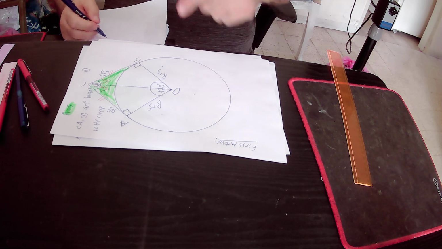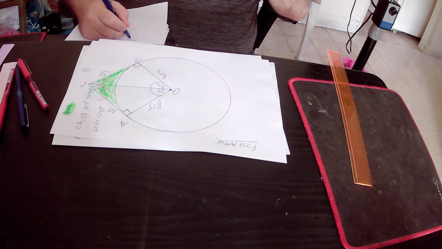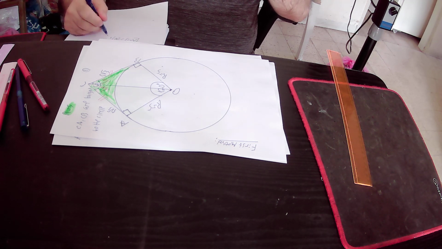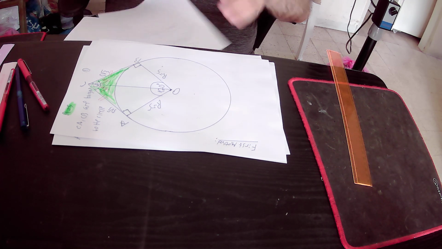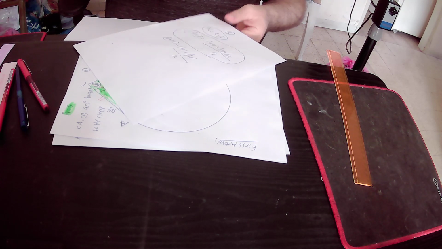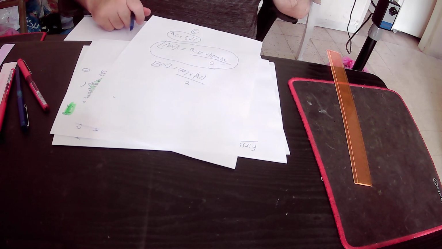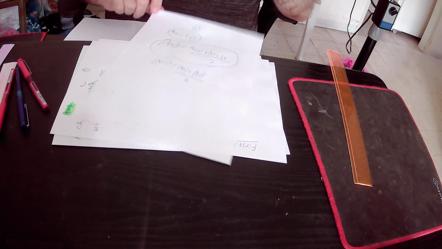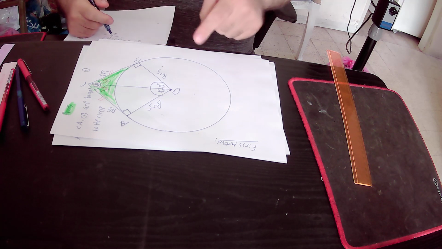The base is AO, times the height is AC, over 2. So the area of triangle AOC equals AO times AC over 2. What is the value of AO? AO equals 5 units.